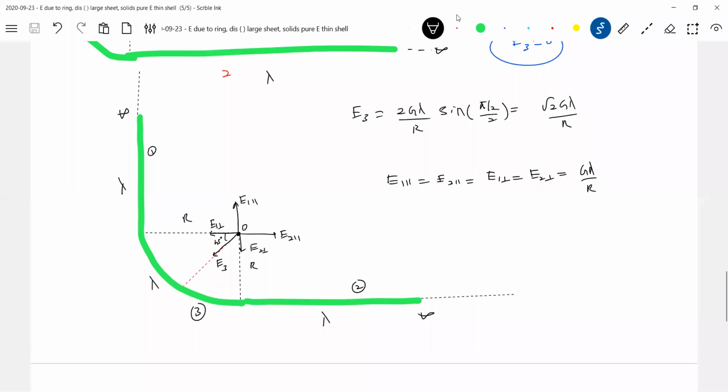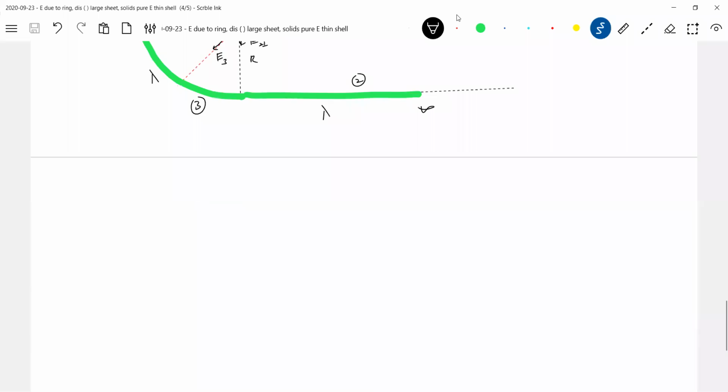Okay, anybody wants me to scroll down? Okay, this is about the ring. Now we'll go for the next structure.